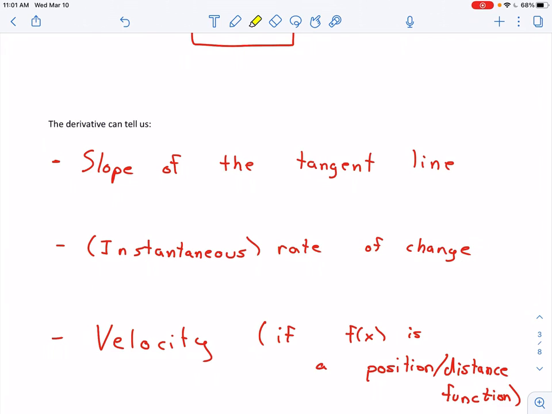If there's a problem that asks about velocity, I want you to think about the derivative. All three of these things, while they're not interchangeable, they are related and they all link back to the derivative. So when you see any of these three terms, just know that in the back of your mind, we can use the derivative to help us find these three things.